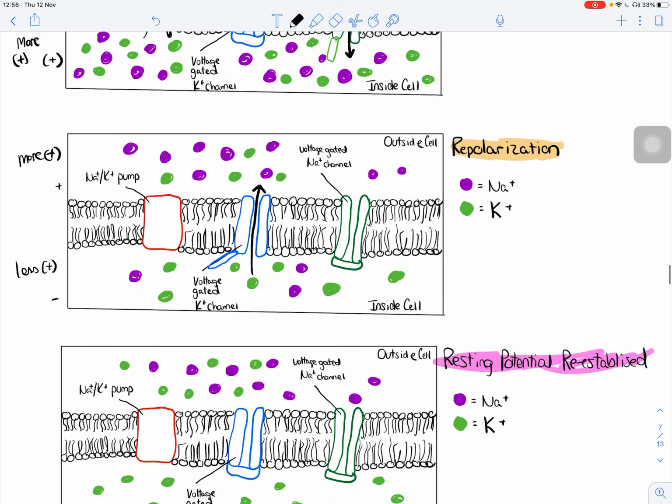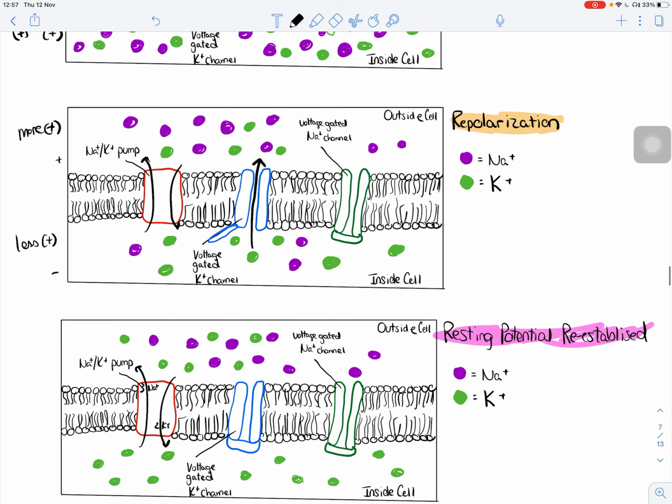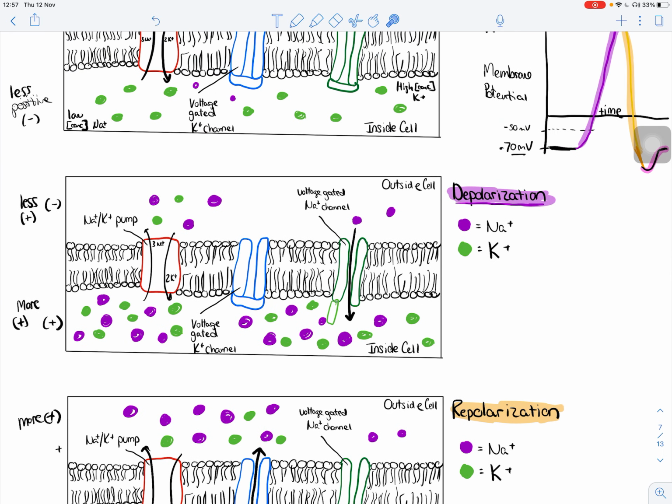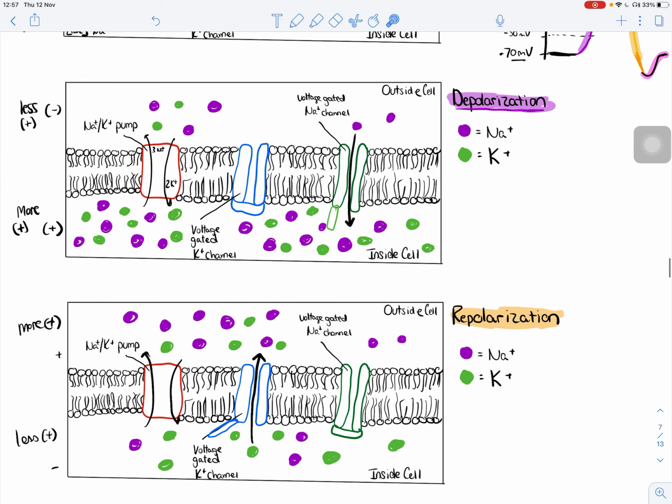When it's reestablished, notice both the potassium and sodium voltage-gated channels are closed, and the sodium-potassium pump is still working. The 3 sodium get moved out and the 2 potassium get in, which slowly causes this to go back up to the resting potential.